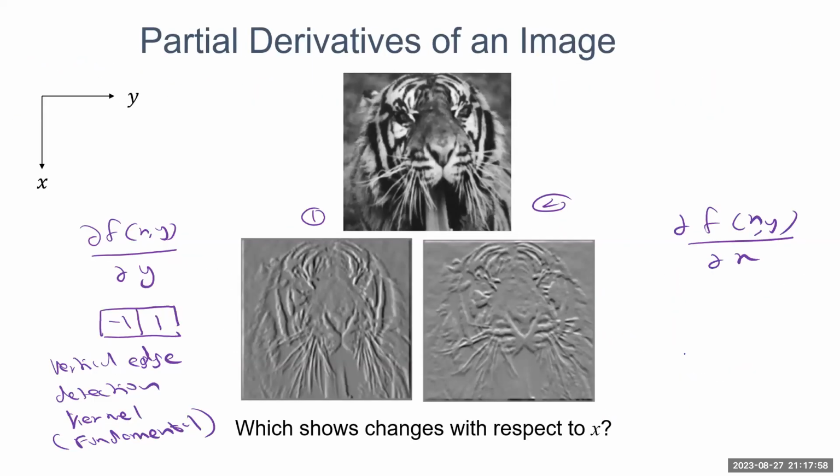So variation in x is going to be somewhat like this, right? It's going to be -1, 1. In both these cases, it can be the other way around as well, 1, -1. So both are correct.